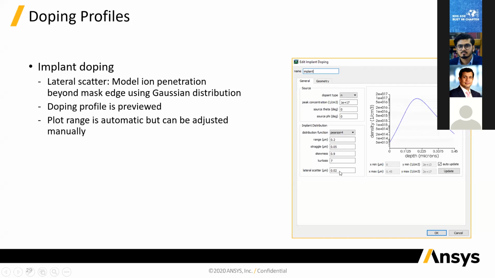But the way you can mimic this behavior and get a reasonably accurate doping profile in the end is by using a lateral scatter distance. With the value that you provide here, the solver would use a Gaussian distribution and spread the dopant in the lateral direction to give you a more diffused doping profile in the end.